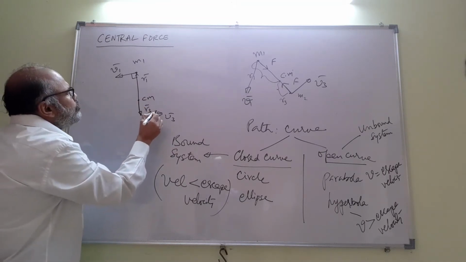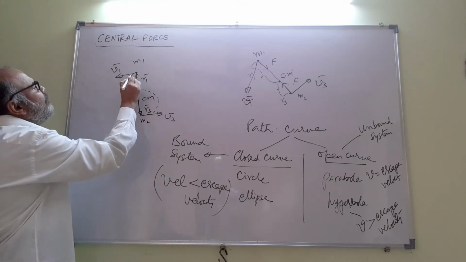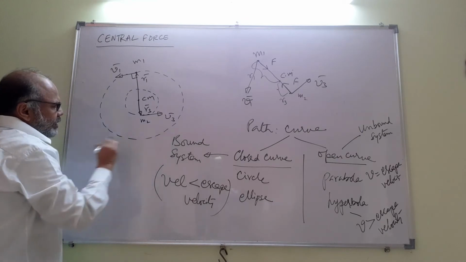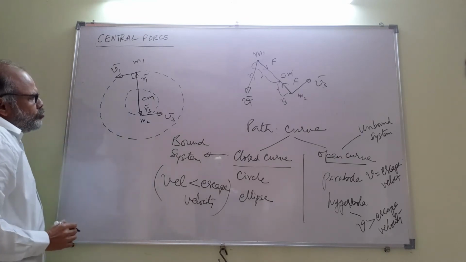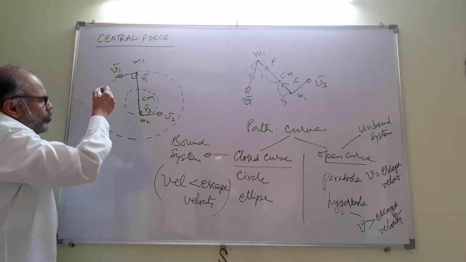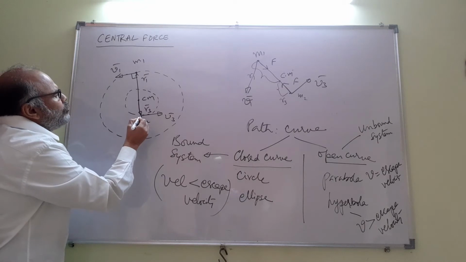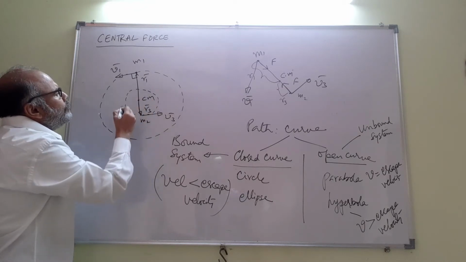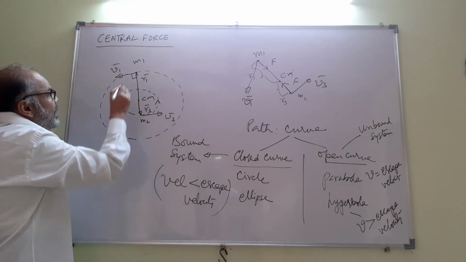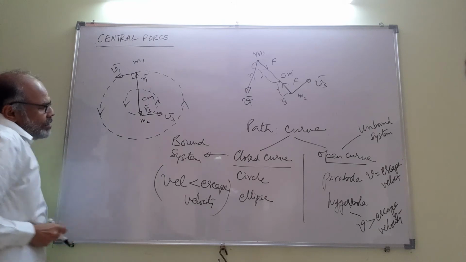So for M2 it would be a circle like this, and for M1 it will be a circle like this. Now you must note that the sense of rotation of both the particles will be the same. If M2 is moving in the anti-clockwise sense, M1 will also move in the anti-clockwise sense.